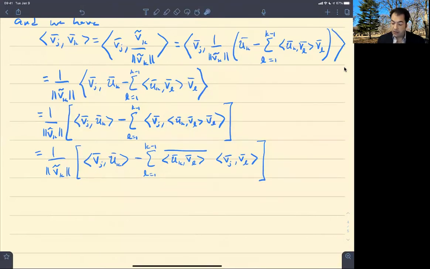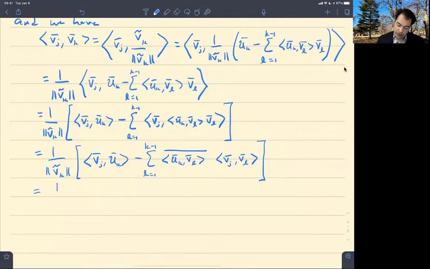Now, here I'm only working with indices that are less than or equal to k minus 1. So by inductive hypothesis, they are from an orthonormal list. So this inner product is either 0 or 1, and it's 1 exactly when j is equal to l. So I can get rid of this sum because only the term when l is equal to j survives.